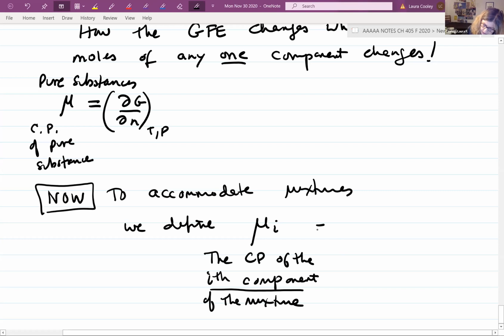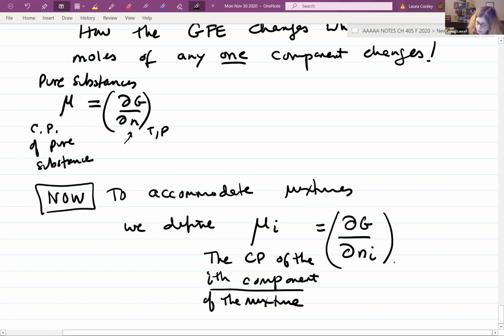And that is a partial derivative, but instead of with respect to the moles of the only substance there, it's with respect to the moles of the ith substance that's there.